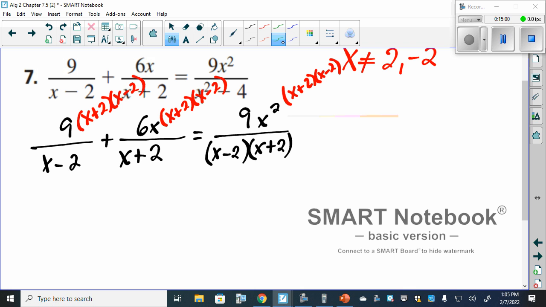Because when we do this here, the x minus 2 and x minus 2 would cancel. Here, the x plus 2 and x plus 2 would cancel. And lastly, the x minus 2 and x plus 2 will cancel out with the x minus 2 and x plus 2.